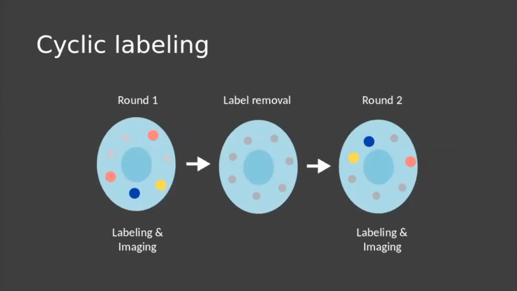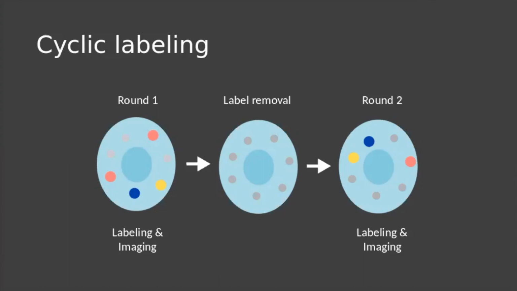And the big breakthrough in this was that someone came up with the idea to repeatedly do the same stainings on the same tissue section. So the idea is you do a first labeling in round 1, then you image that so you know where everything is that you labeled. Then you remove the signal in some way, and then your tissue section is empty again.